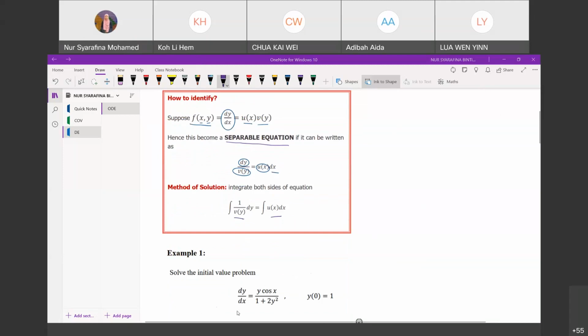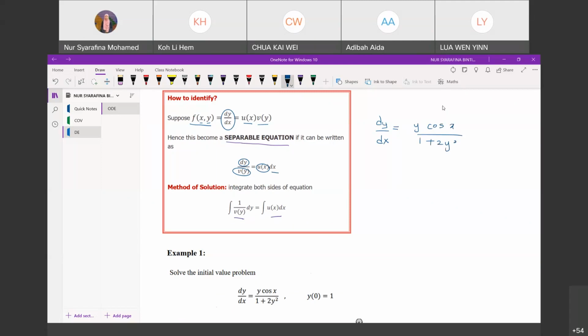Here we have dy/dx equals to y cos x over 1 plus 2y squared.